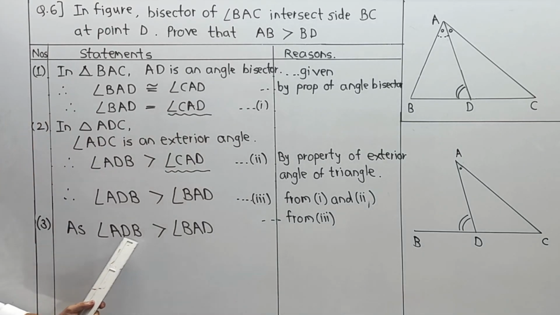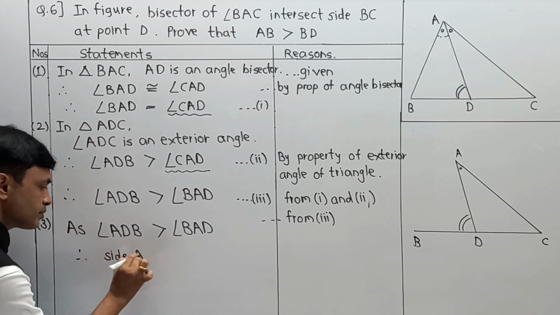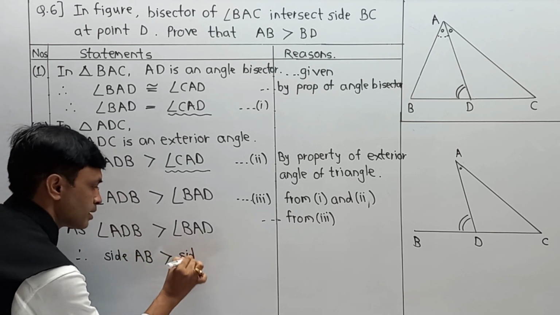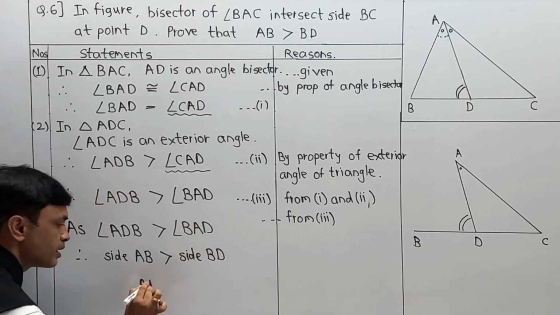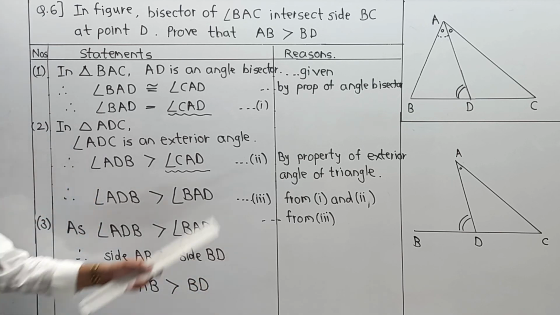As angle ADB is greater than angle BAD, therefore side AB is greater than side BD, and that is our required proof.